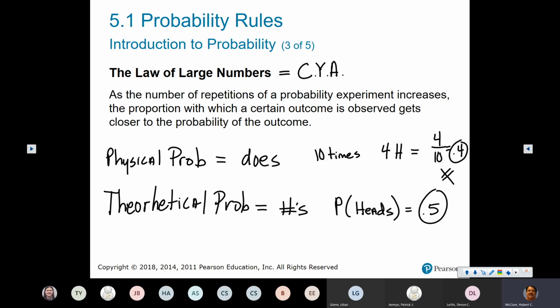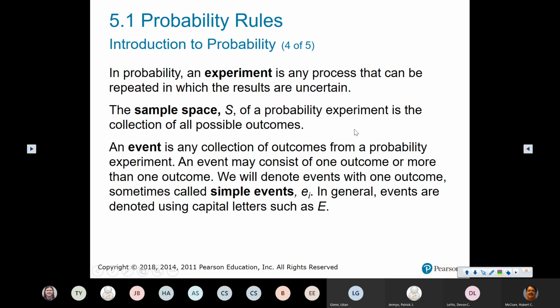All right. So next. Make sure you understand what an experiment is. We've already talked about experiment, that is when you are actually engaged in the observation. Sample space. Collection of possible outcomes.